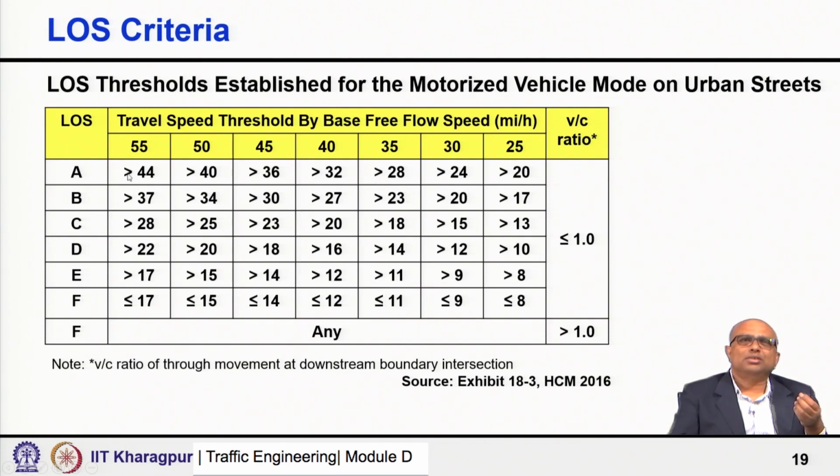Then what is the threshold value for different levels of service? Say for example, if the base free flow speed is 50 miles per hour, then anything greater than 40 miles per hour average speed is actually LOS A, greater than 34 and less than 40 is somewhat B, and so on.